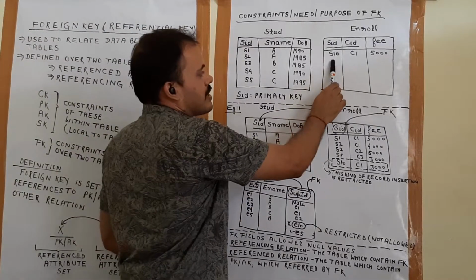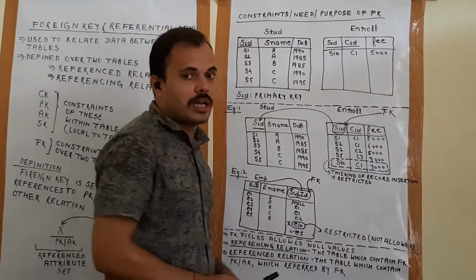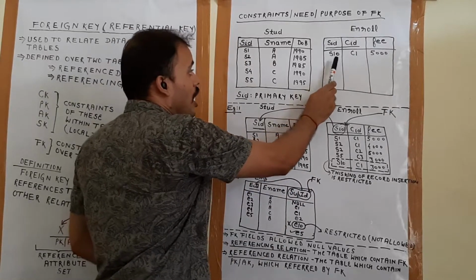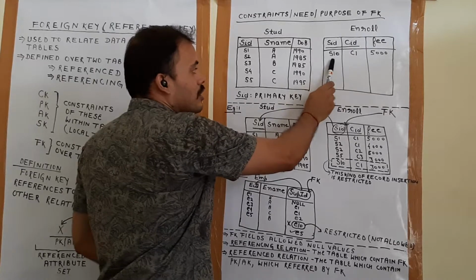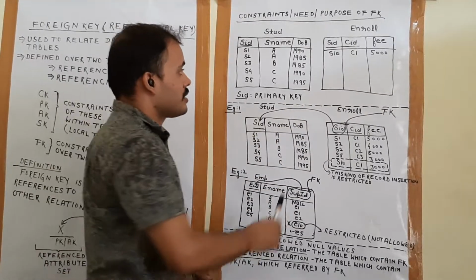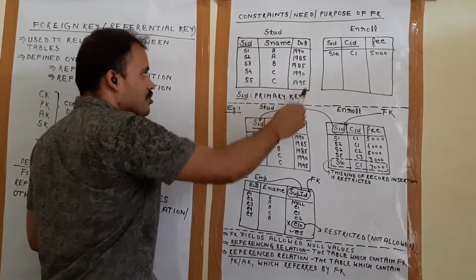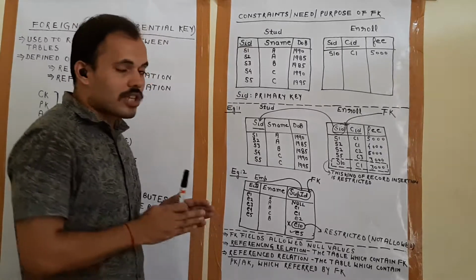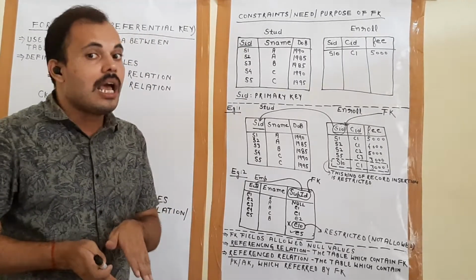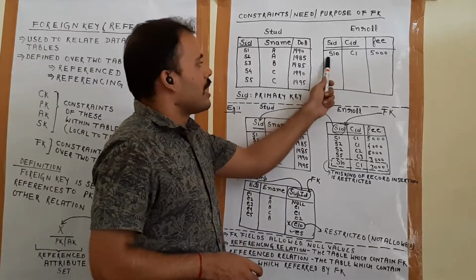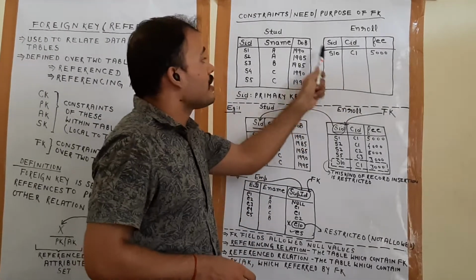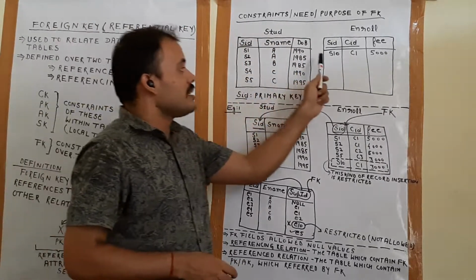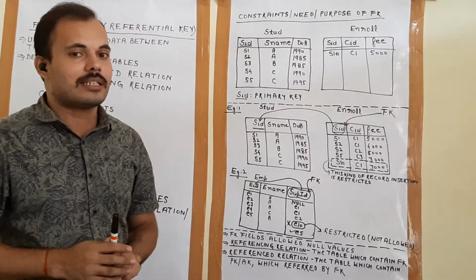the student S10 is enrolled for the course C1 whose fees is 5,000, but this student does not belong to the organization. See here, S10 is not in the student table. And what is the student table? The student table contains the list of the students of an organization. But this student enrolled for the course C1 and does not belong to the student table, which means this student does not belong to the organization.